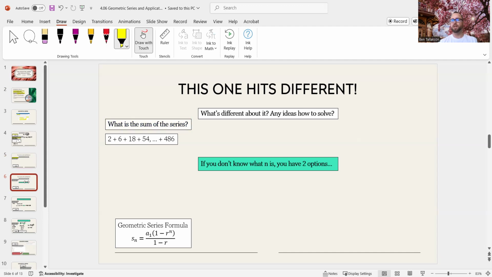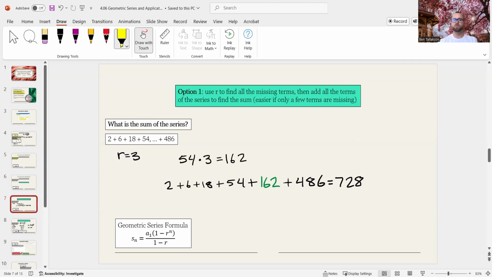If you don't know what n is, you have two options. Option one, use R, the common ratio, to find all the missing terms one by one, piece by piece, then add all the terms of the series to find the sum. Of course, that's easier if you only have a few missing terms, but here we're going from 54 to 486.